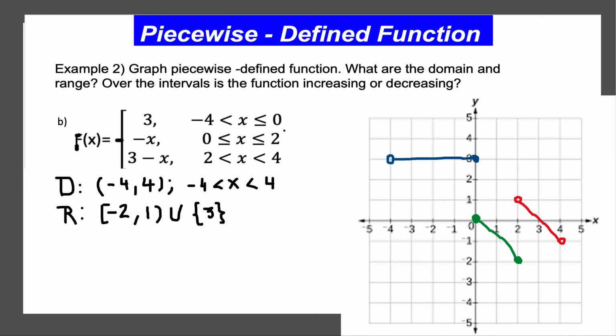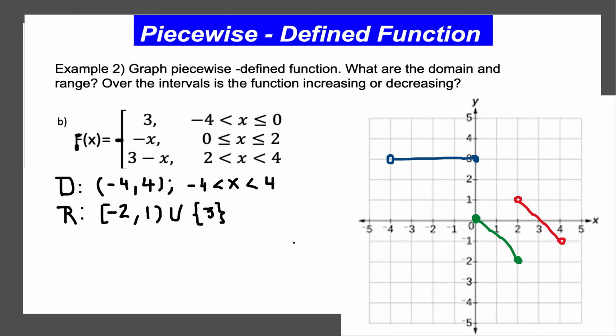Now we are looking at which interval the function is increasing or decreasing. From -4 to 0 we don't have any change, because from -4 to 0 it is constant. But it is decreasing in the interval from 0 to 2 and from 2 to 4.